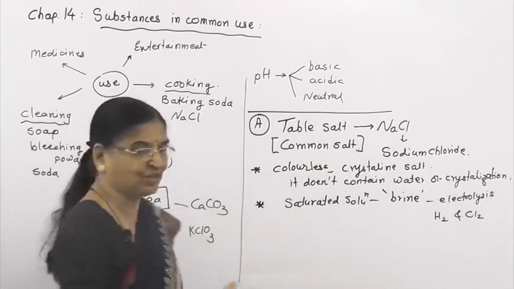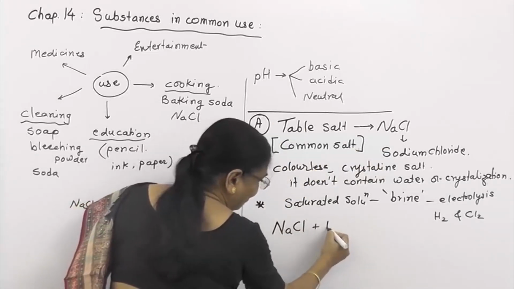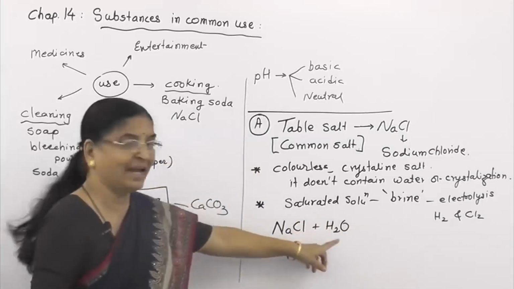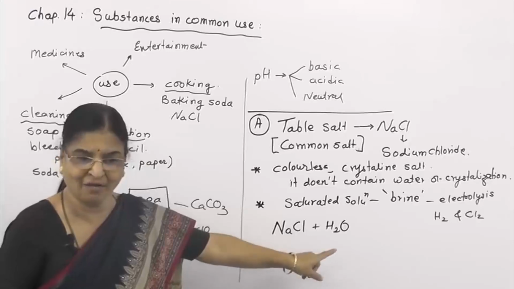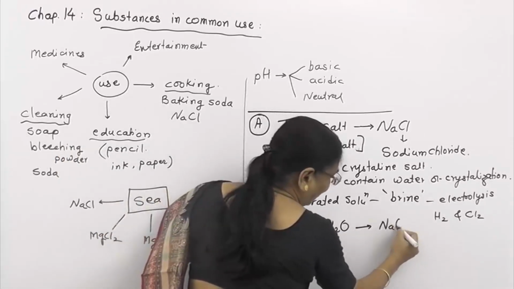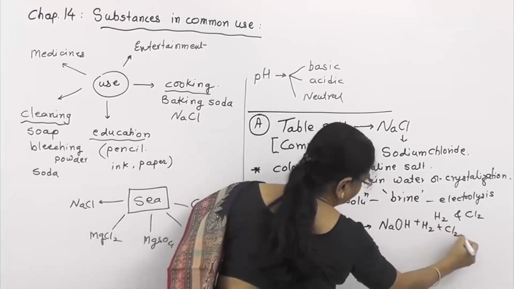Because it is an aqueous solution, NaCl plus H2O, because it is a saturated solution, there is much water also, and it will give you NaOH and then H2 plus Cl2.